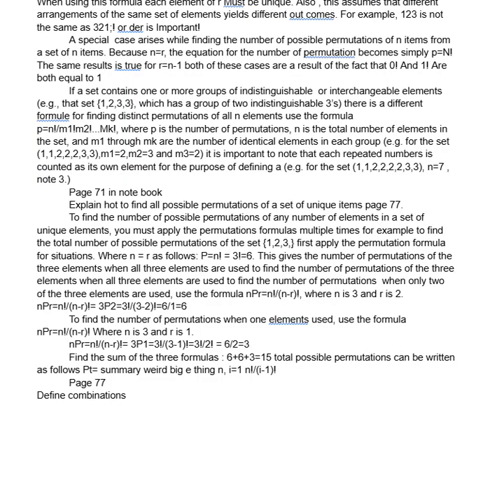Find the sum of the three formulas. 6 plus 3 plus 6 equals 15. Total possible permutations can be written as follows.